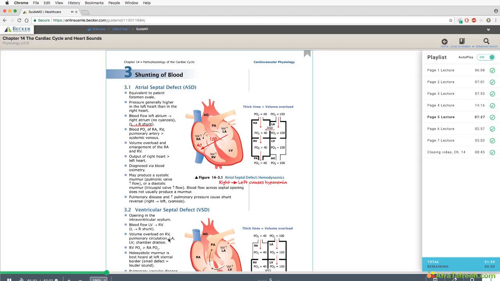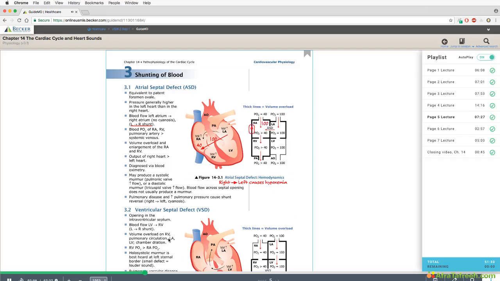Now, if we start by considering an atrial septal defect, if you have a hole in the atrial septum, because pressure is higher in the left atrium than the right atrium, high PO2 blood goes from the left atrium to the right atrium. Now, because high PO2 blood is entering the right atrium, its PO2 increases.